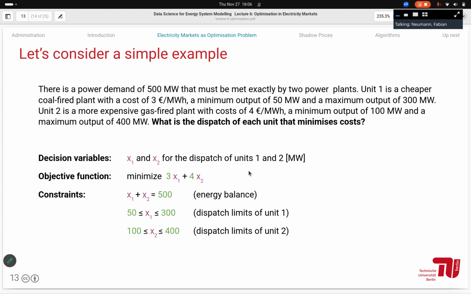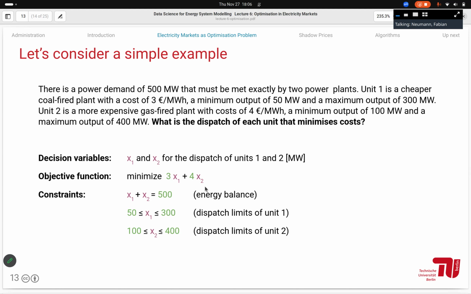And what we want to find out is what is the dispatch of each of the units so that costs are minimized. What are the decision variables here? Well, the decision variables are the dispatch of the first unit and the dispatch of the second unit. We could say x1 and x2. What do we want to minimize? We want to minimize the cost. So 3 euros per megawatt hour for every unit of x1, 4 euros per megawatt hour for every unit of x2.